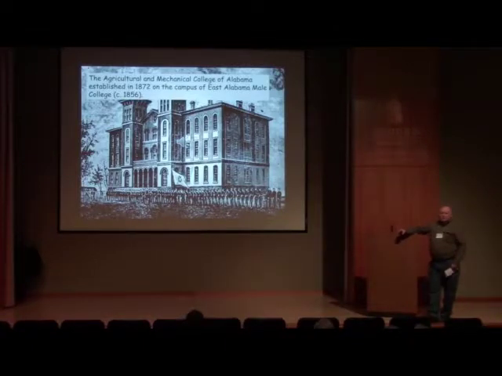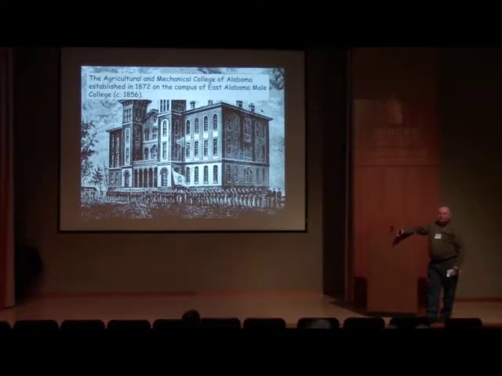Alabama was one of the first states to adopt this Morrill Act in the southern, of the former Confederate states. Alabama was one of the first to adopt it in 1872. And basically what happened, the federal government gave the states property, land, federal lands that they could do with whatever they wanted to.